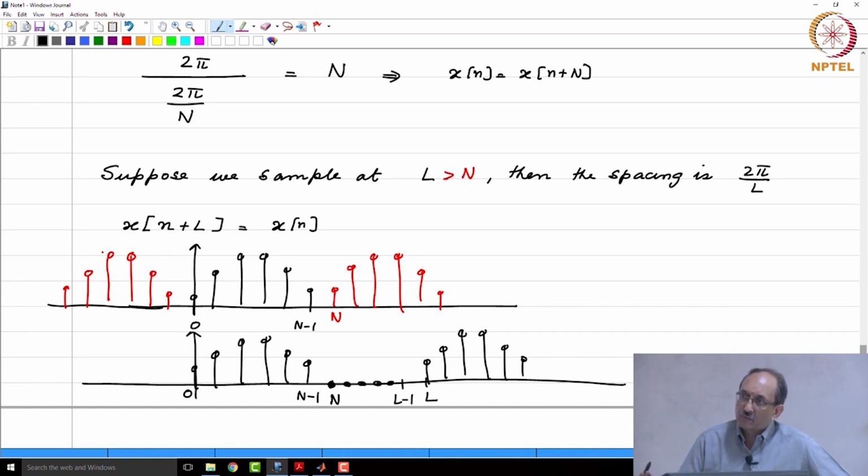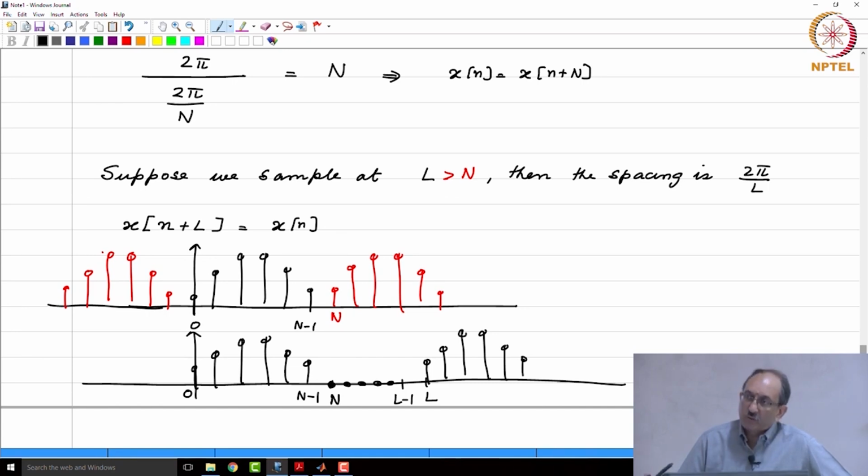Because one way of seeing this is the signal is time limited from 0 to n minus 1. If you sample it at n points, the repetitions will occur with a periodicity of cap n, which means the repeating periods won't overlap with each other, correct? That is the minimum. Which again correlates with the fact that you need a time limited signal for you to sample in the frequency domain so that the repetitions do not overlap, provided you sample adequately.